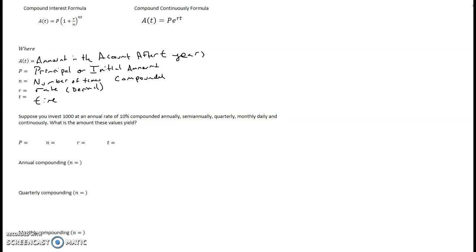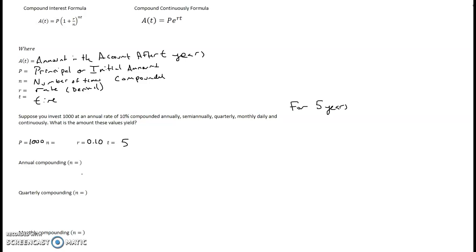So it says, suppose you invest $1,000, so we know our principal is going to be 1,000, at a rate of 10%, so we know our rate's going to be 0.10. Compounded annually, semi-annually, quarterly, monthly, and daily, let's say for 5 years. So the time is going to be 5.